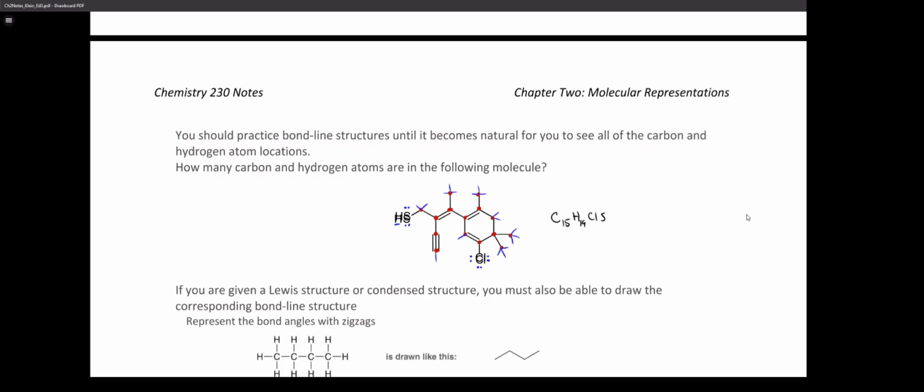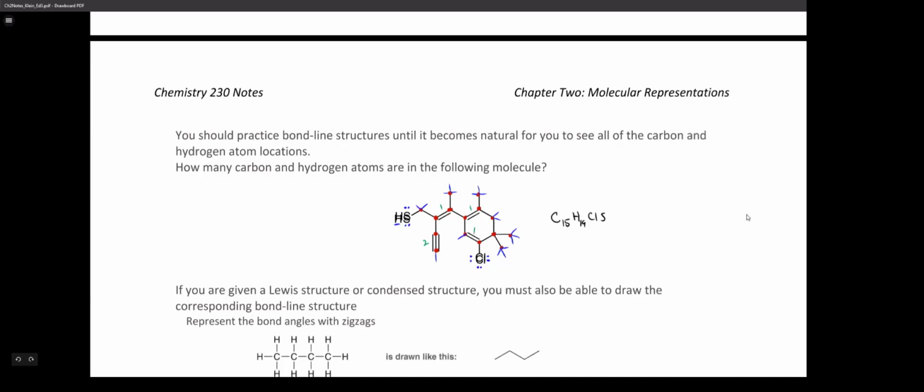How many pi bonds are there? We only need to look at double and triple, right? Each triple has how many pi bonds? A double bond has 1 pi bond and a triple has 2. So we've got 2 pi bonds there. We've got 1 here, 1 here, 1 here.